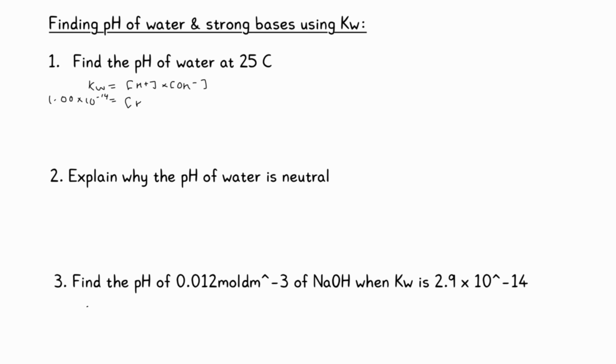Now, we're in this little tricky scenario because we don't know the concentration of hydroions, neither do we know the concentration of hydroxide ions. But what we can do is assume one thing. Water splits equally into a hydroion and hydroxide ion. For every one water splitting, there's one hydroion and one hydroxide ion.